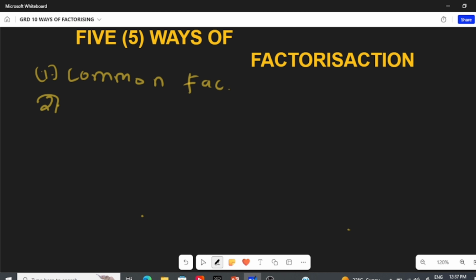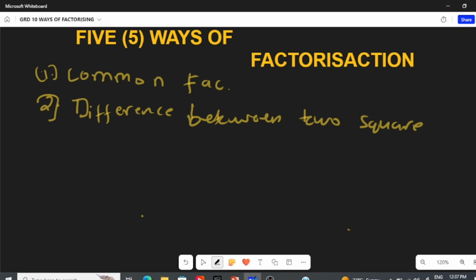Number 2, you have to be able to deal with the difference between two squares. This is where you are given two squares and you need to find the factors between those two. Remember, the critical part here is the minus sign between those two squares. And then number 3, we dealt with the trinomials.